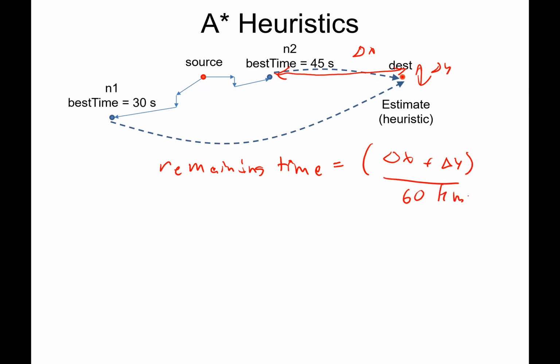And I'll get the units right, so I'll make it all the same units, and put that in meters per second. And I could use that as my heuristic. And now my sorting function could be best time plus remaining time.